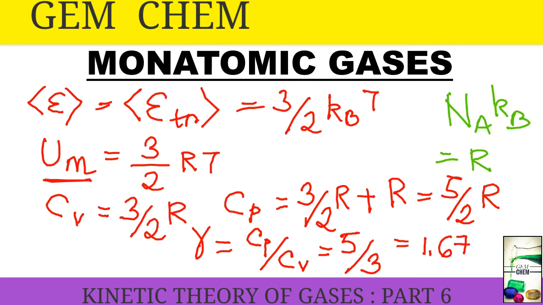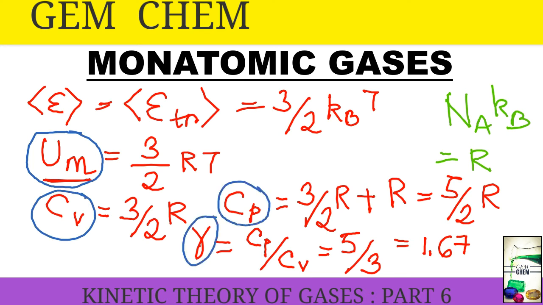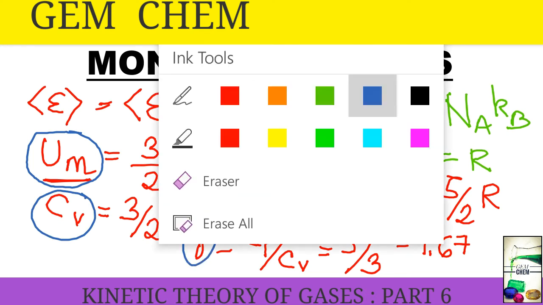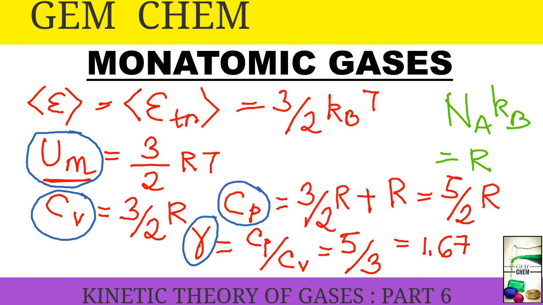So for monoatomic gas, we have now obtained the Um value, Cv value, Cp value and gamma value. Next, we will see diatomic gases.